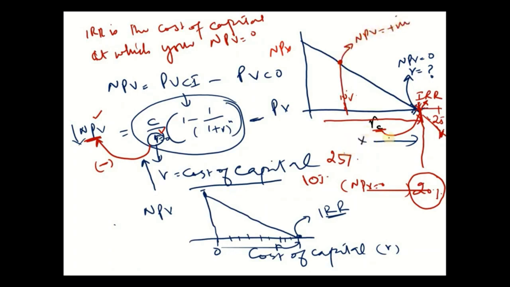So this IRR is the theoretical rate at which your NPV should be 0. Once you get this rate, you know that if in the market financing is more than 20%, I'm not going to take that project.